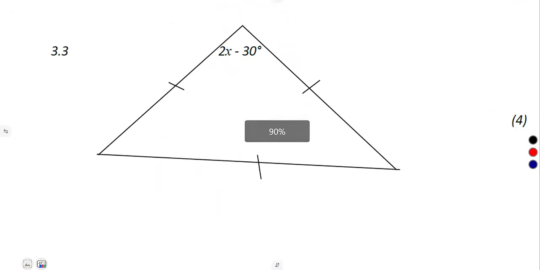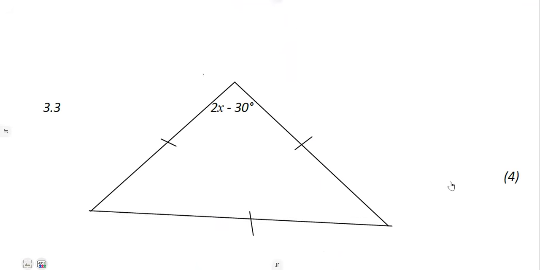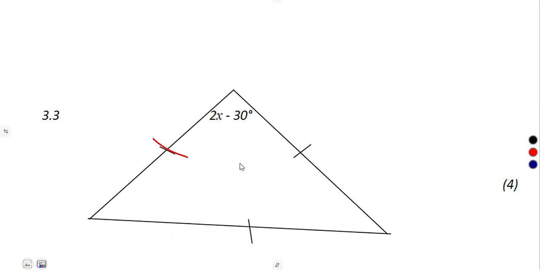3.3, we have got this, which can be answered in different ways again, as it is an equilateral triangle. These 3 sides indicate that they are exactly the same. So we are talking about an equilateral triangle, which we do understand that all angles are exactly the same. So if this is 2x minus 30 degrees, it means this is also 2x minus 30.